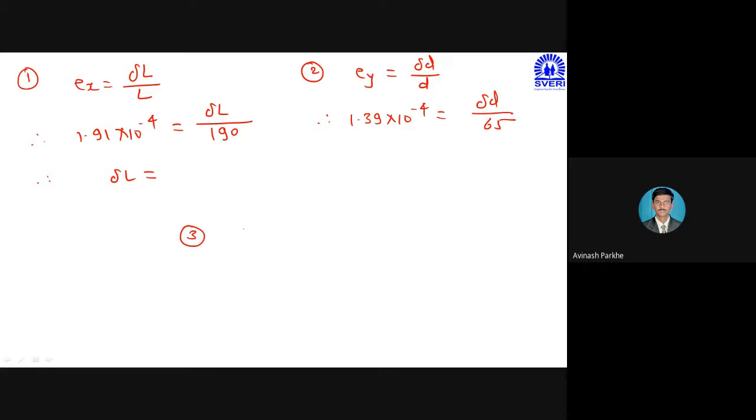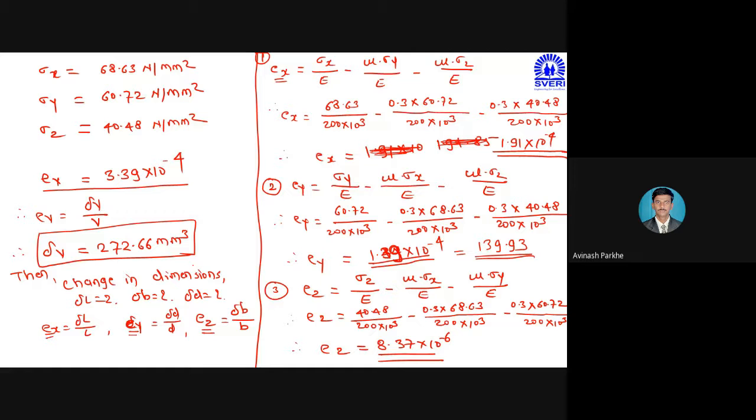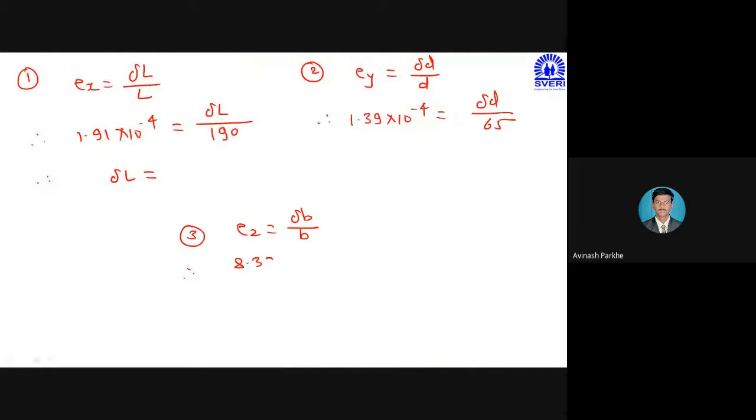And third, we are having epsilon z is equal to delta B upon B. So epsilon z just now we have calculated 8.37 into 10 raised to minus 6. Delta B we have to calculate. B is also given 65. Therefore, delta B is equal to. Do the calculations and tell me the answers.